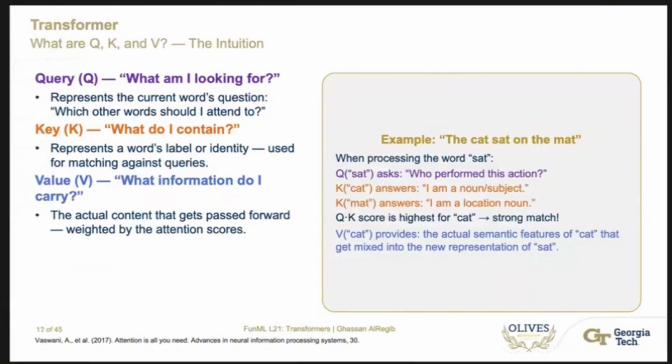The keys answer the question of the query and tell the query how the other tokens are important or not to this token. The keys tell us where we can find this answer, and the exact value, the exact answer, is found in the value. However, the keys are responsible for telling us where to find it in the value token.